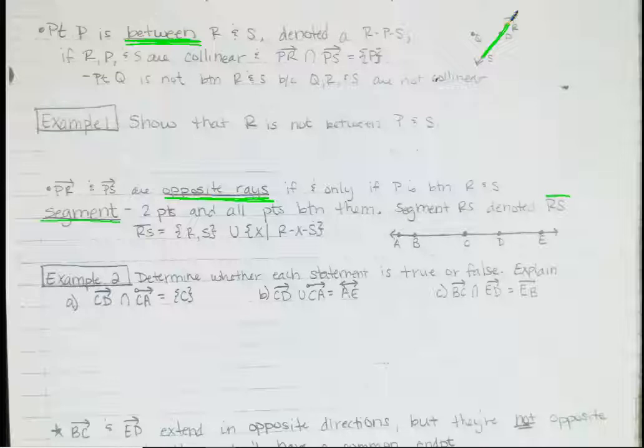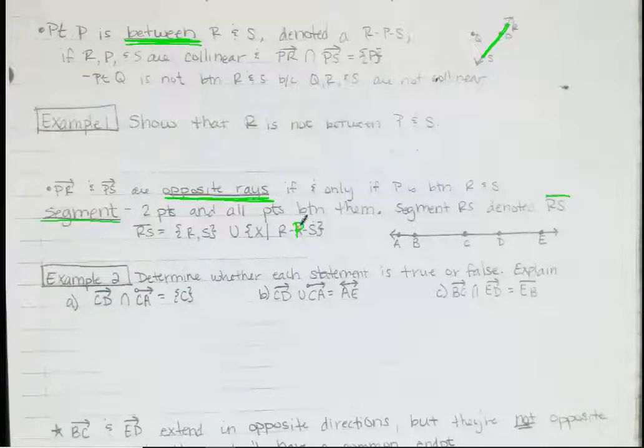So it includes P. P is in segment RS. So we would say segment RS equals the set R and S, and the union, or the universal here, sorry, the universal of the set is X such that it's R, X, and S. Actually, it's to be R, P, and S. So you might need to make that change. It's R, P, and S. Okay.